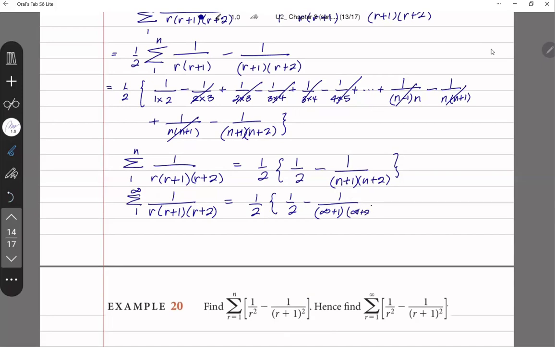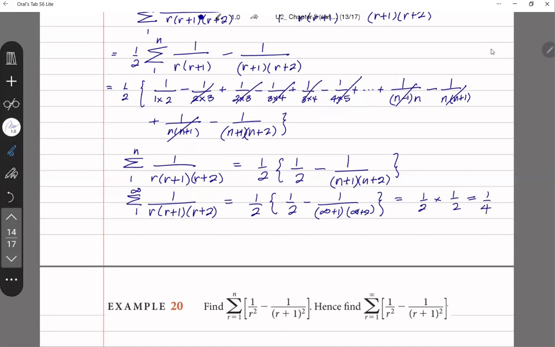1 over 2 minus 1 over infinity plus 1 times infinity plus 2. Now, infinity times infinity is infinity. 1 divided by infinity is 0. So this is actually equal to a half times a half, which is a quarter.